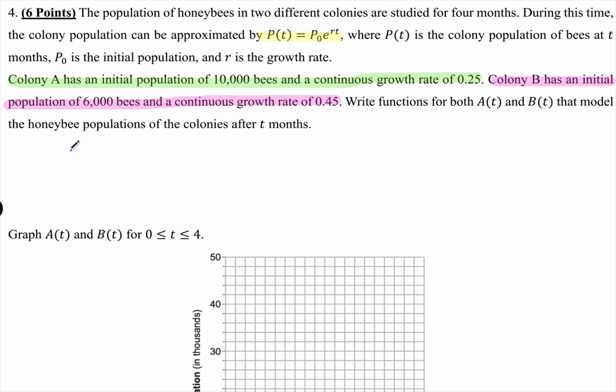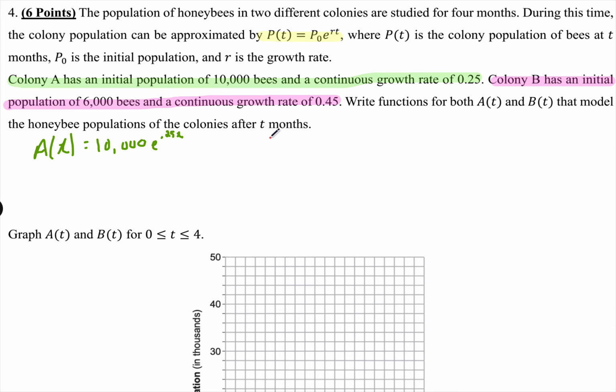In this case, my green one, A of t, is what? What was my initial population? 10,000. The e never changes. And then what's my rate? 0.25 times t. First part done.